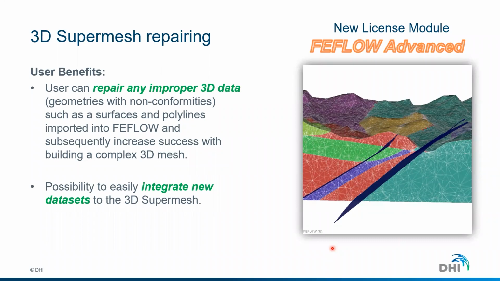When I talk about 3D data, I am specifically talking about surfaces and polylines. We now have tools in FEFLOW to repair this improper data, in the same way that I was showing in the previous slides. We now have the possibility to integrate new data sets, because every time something new comes, we are capable of repairing or remeshing.